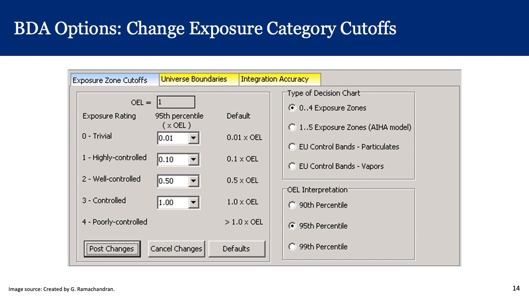We can also set the boundaries for the exposure categories on the left-hand side of this chart. But for now, we have it set at the categories: 0 being at 1%, category 1, the boundary is at 10%, category 2 is at 50%, category 3, the boundary is at 100%.